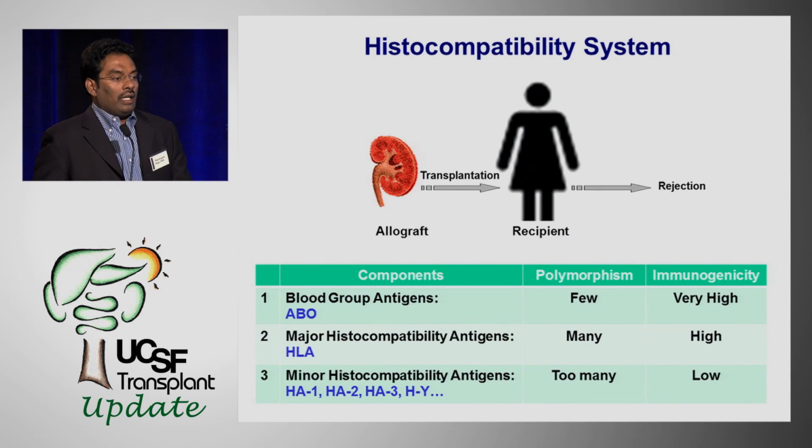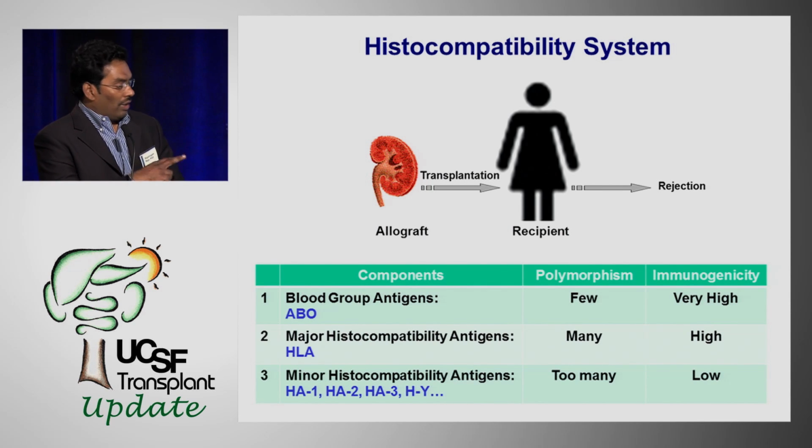It has three major components. We know this. The blood group system, which is the very simple ABO group. Then the major histocompatibility system, which is the HLA molecules. And the last one is the minor histocompatibility system, which is any amino acid difference between two different individuals.